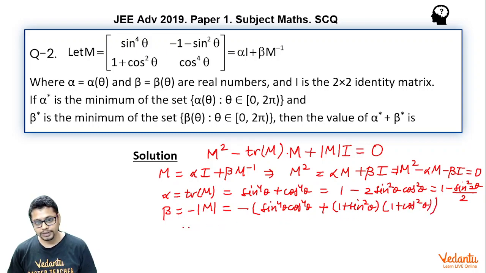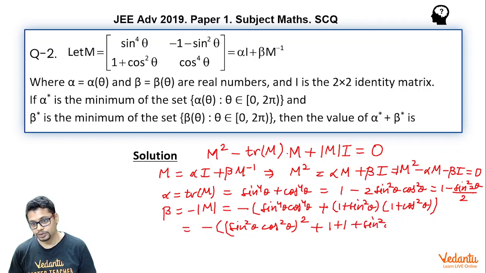If you see carefully, this essentially becomes sine square theta cos square theta whole square plus 1 multiplied by 1 is 1, sine square theta plus cos square theta becomes plus 1 more, plus sine square theta cos square theta.